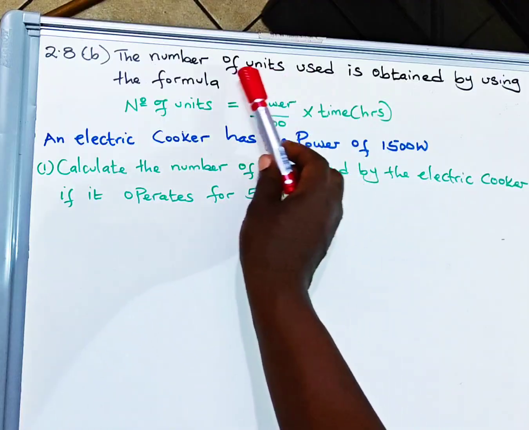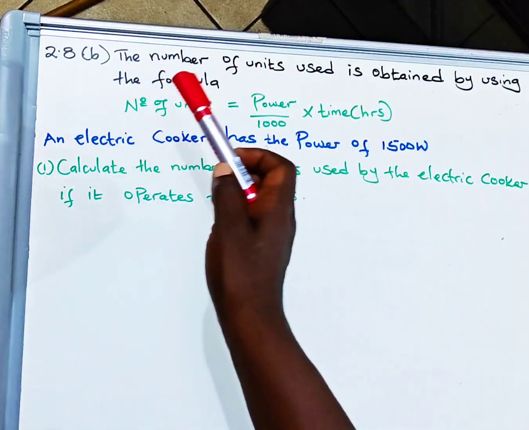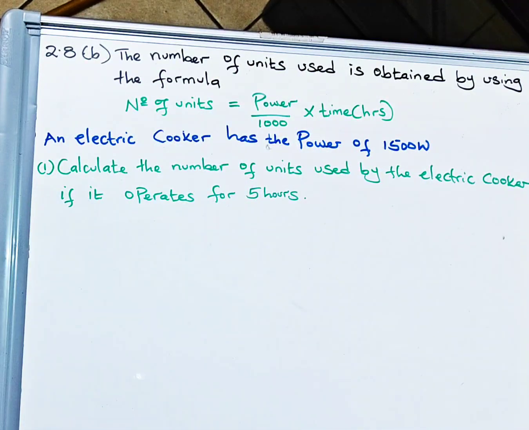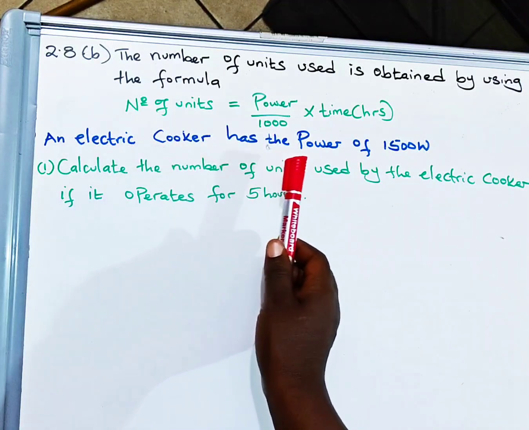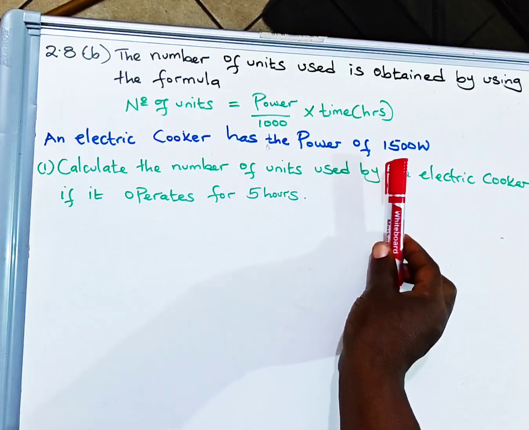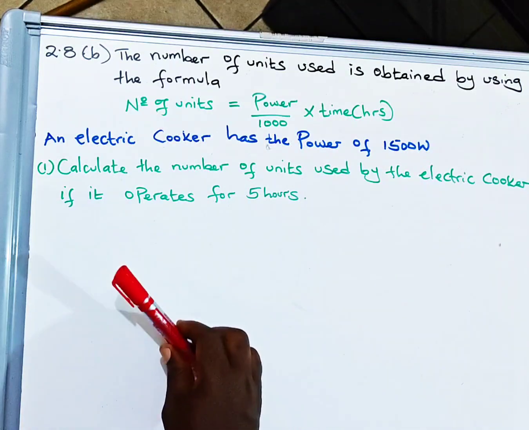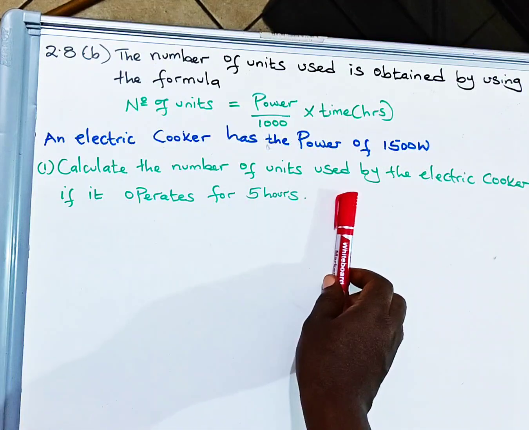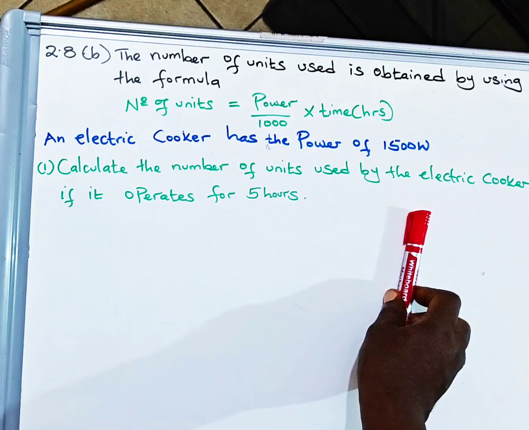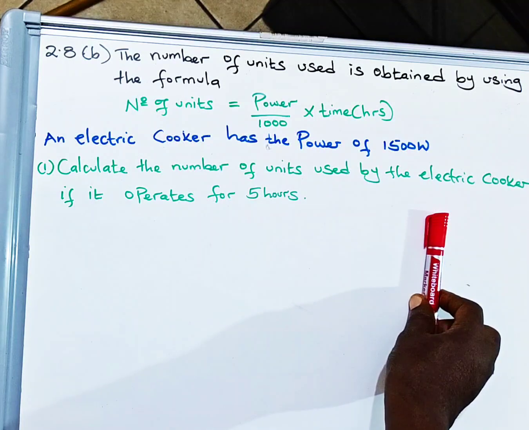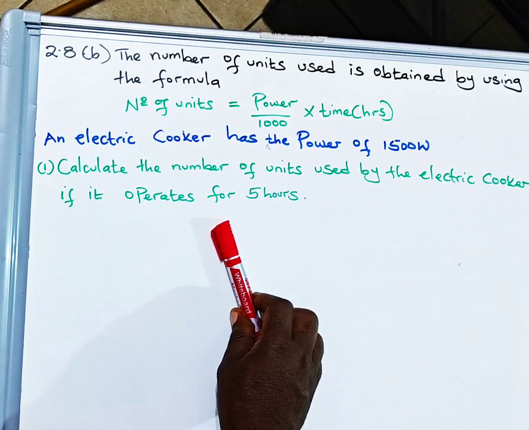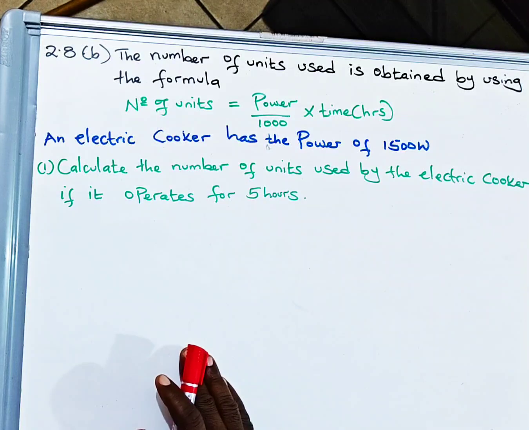So this is the formula we use to calculate the number of units we use at our houses. So an electric cooker has the power of 1,500 watts. And the question says that calculate the number of units used by the electric cooker if it operates for 5 hours. Here, how many units are used by this cooker?